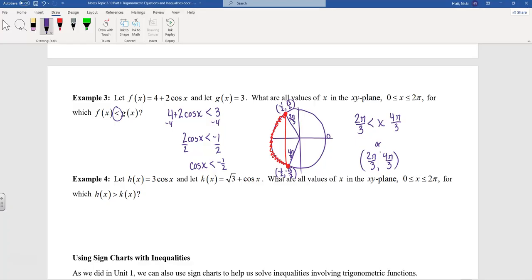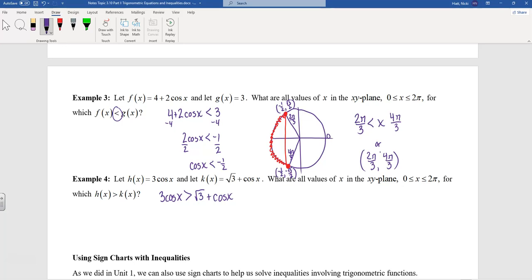Okay, let's see if we can get example 4 done, and then we'll stop here for today. We are looking for where h is greater than k for this one. So that is going to be 3 cosine x is greater than square root of 3 plus cosine x. This one kind of looks like one where we need to move in factor.